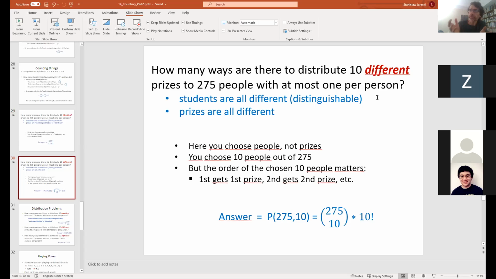And the only difference between them was whether you were distributing identical prizes or different prizes. And this translated into taking an unordered 10 element subset versus an ordered 10 element sequence.